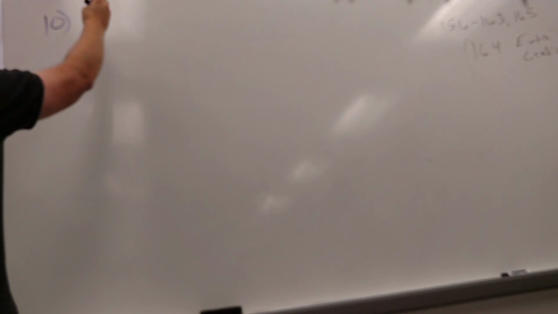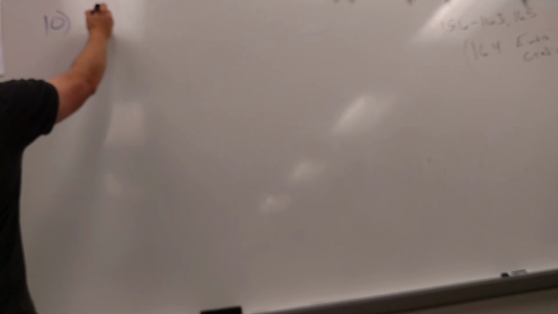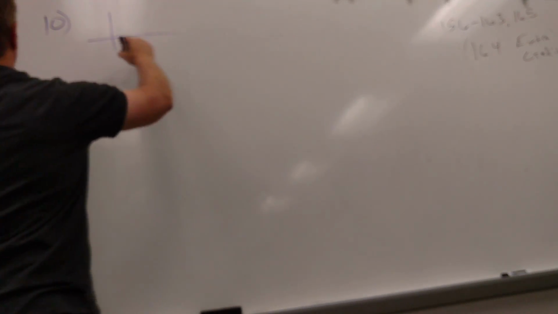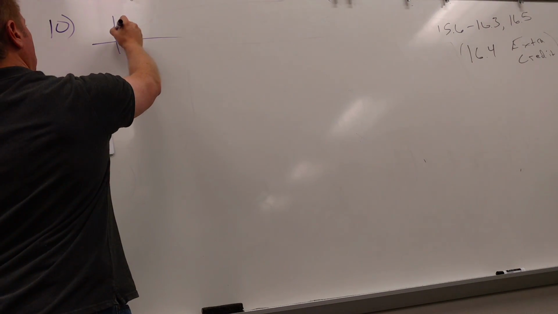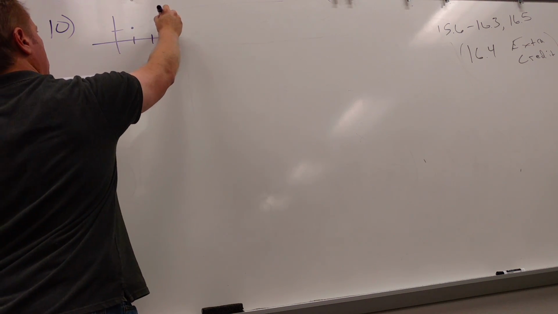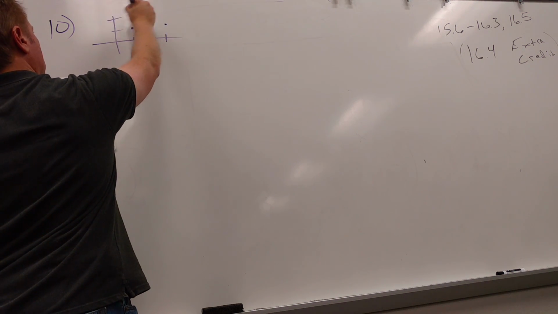Number 10. First off, can you just trace out the triangle that we're talking about? So (1, 1), (3, 1), (2, 2).